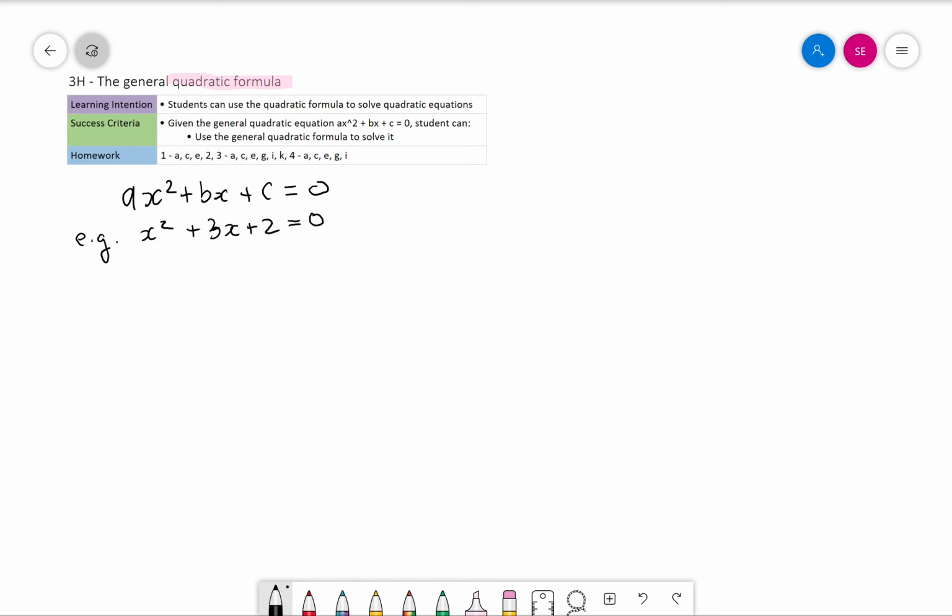To find the x values that satisfy this, normally we'd just factorize. So it would be (x plus 2)(x plus 1) equal to 0, using our regular a times b is equal to 2, a plus b is equal to 3 technique, which we've done in the past.